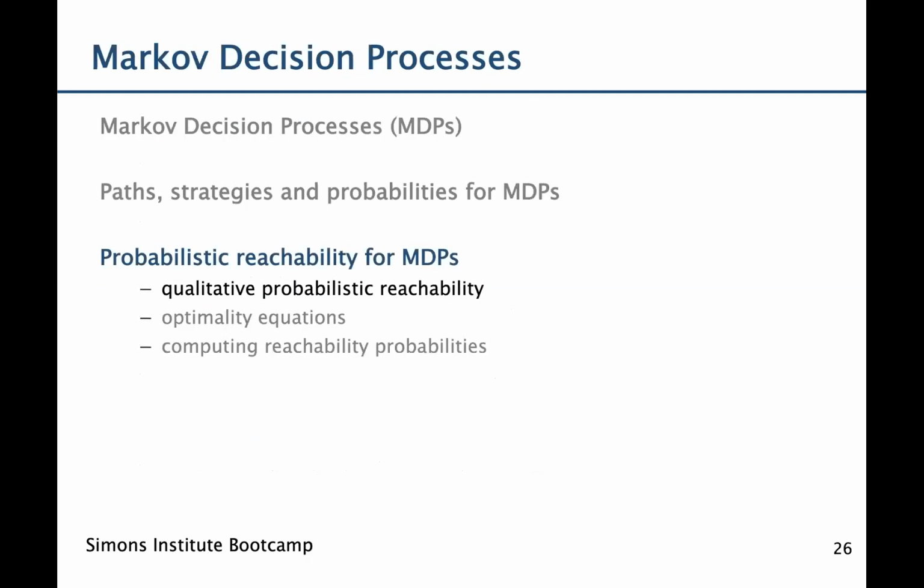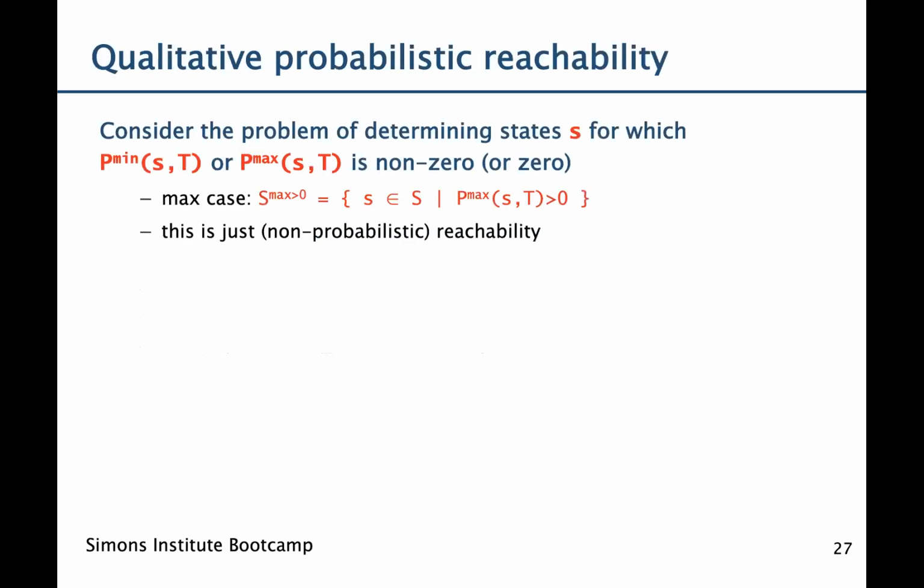Now I will go on to probabilistic reachability for MDPs, and I'll first consider the qualitative case, finding the set of states for which either the minimum or maximum reachability probability is greater than 0.